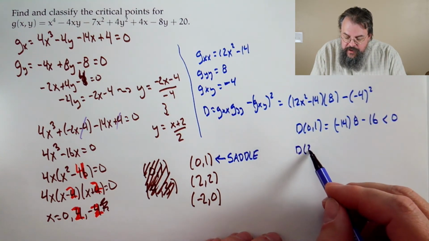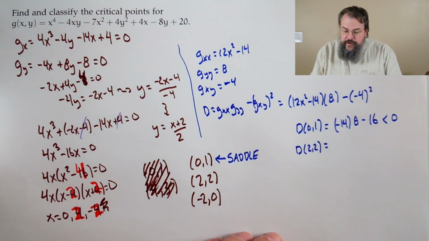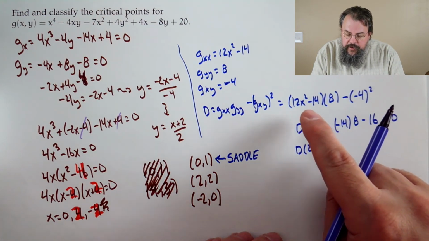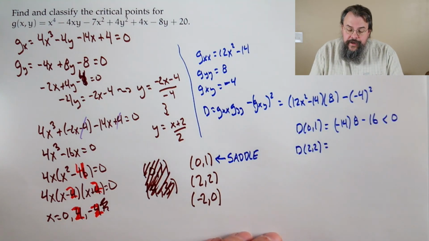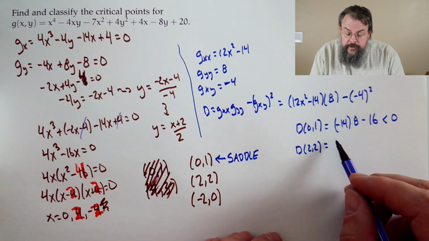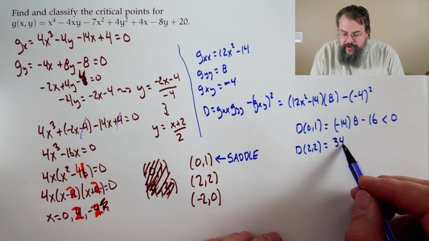Well, let's do another point. The 2, 2. Okay. Well, what happens with our 2? When we plug in 2, we're going to get 12 times 2 squared. All right. 12 times 4, 48. 48 subtract 14 is, well, it's a number, right? 34. So it's 34.